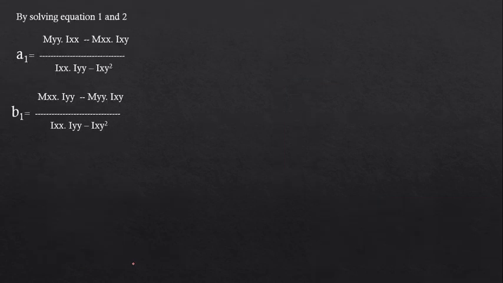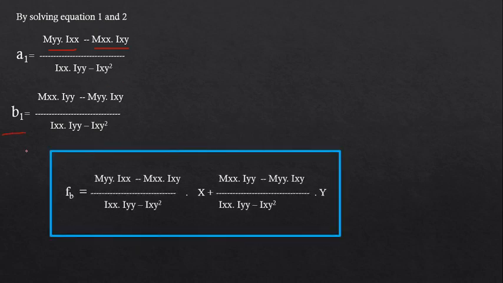By solving equations number 1 and 2, we can get the values of a1 and b1. So a1 will be equal to Myy Ixx minus Mxx Ixy, upon Ixx Iyy minus Ixy squared. Similarly b1. So the final stress in that case will be given by this equation.